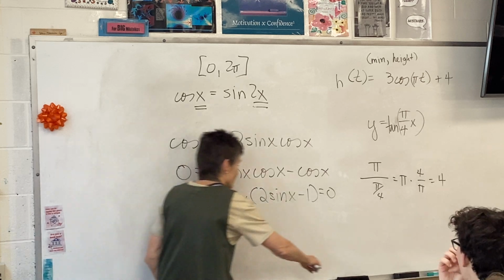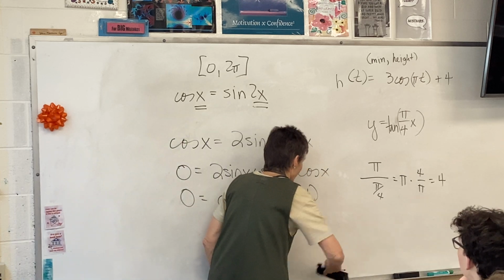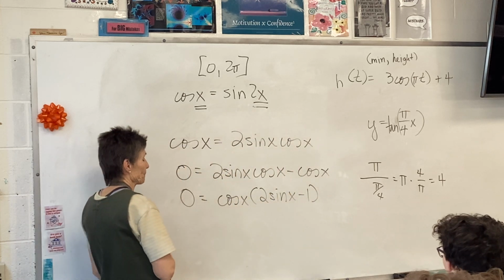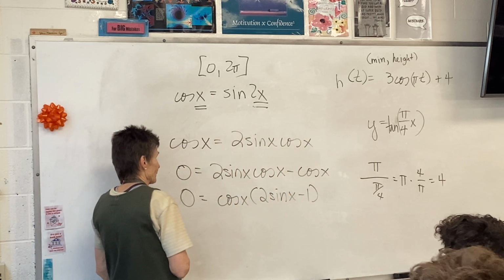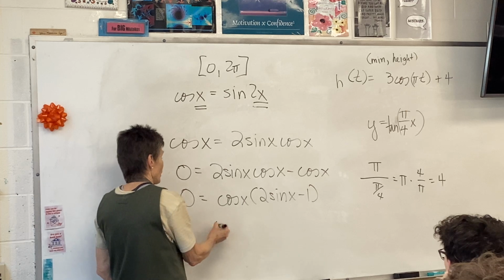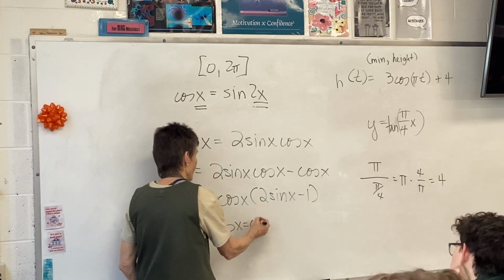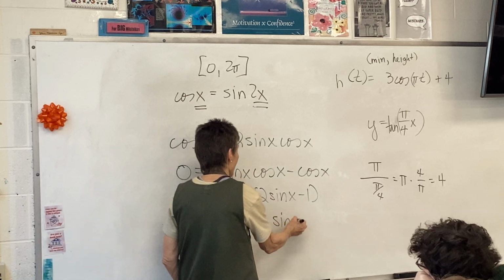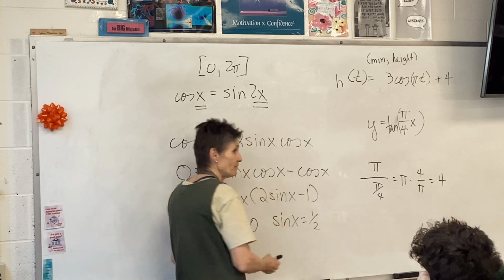Oh, we got 2 equal zeros in there. All right, now what? Cosine equals 0, or sine equals 1/2.